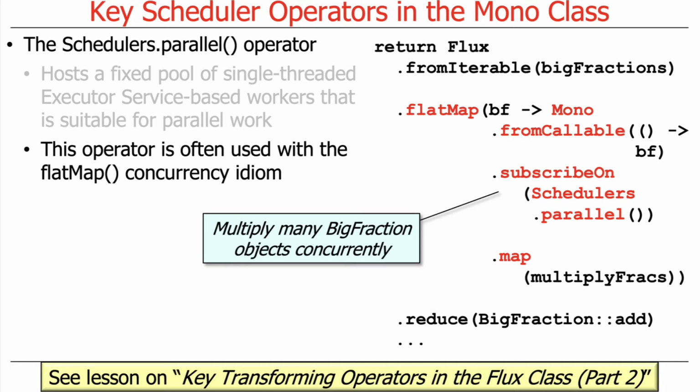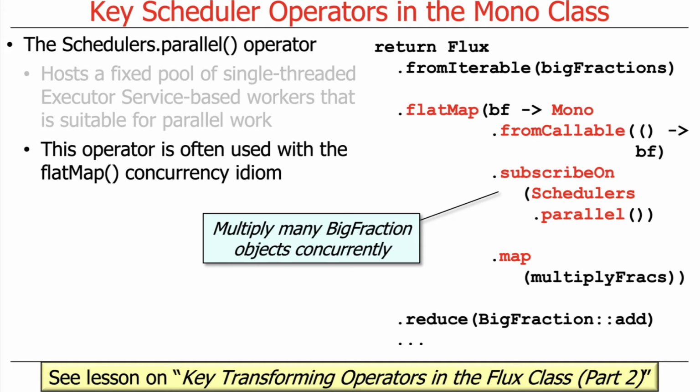Now, this particular operator, the parallel operator, is very commonly used with something called the flatMap concurrency idiom. We haven't really talked much about Fluxes here, so what I'm doing here is giving you a little bit of a preview of things to come, but a Flux, remember, is just a stream of values.